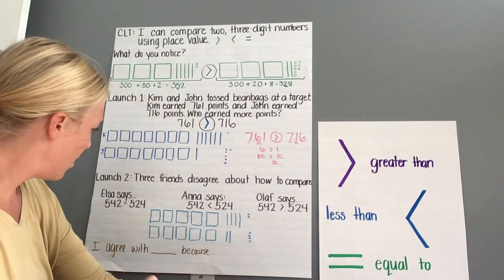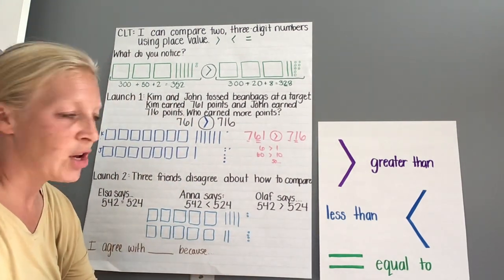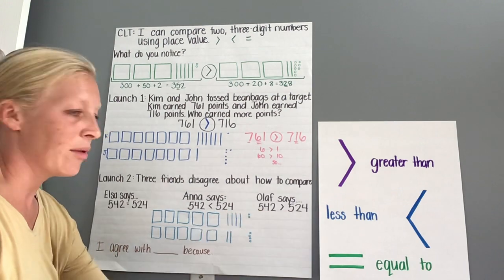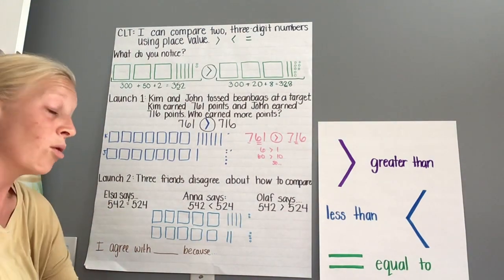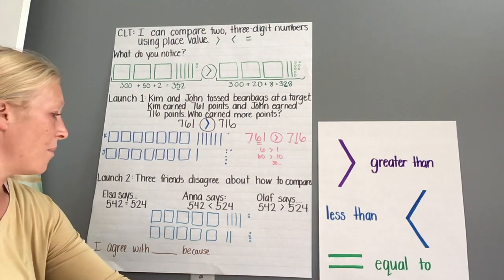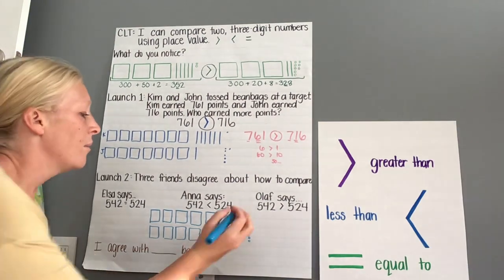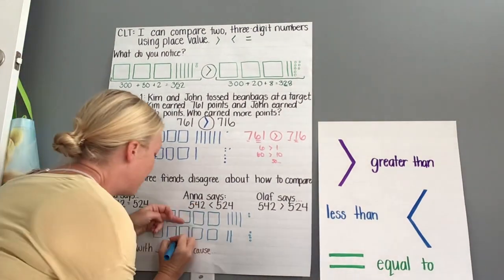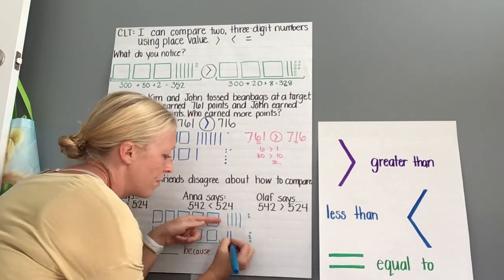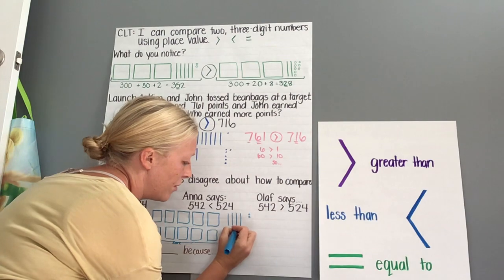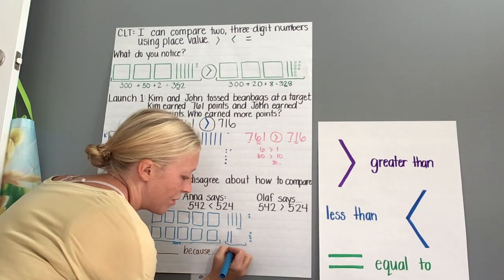Okay. How did this help us know that you all agree with Olaf? What did everybody else do wrong? Or what did Olaf do right? Tell me what you said. These were the same. This one was different, right?